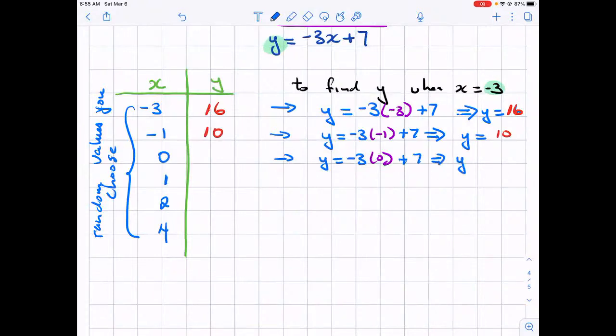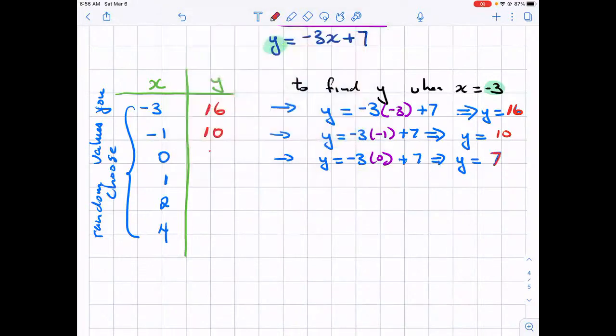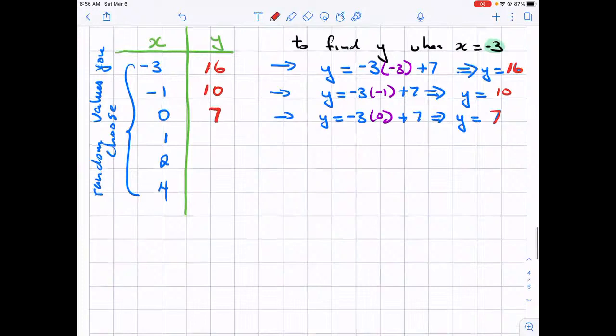So y is equal to 7. Now I'm going to replace x with 1. So y is equal to -3 plus 7, and that's 4.